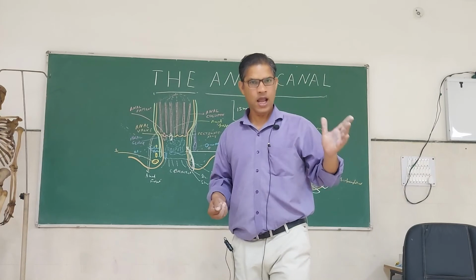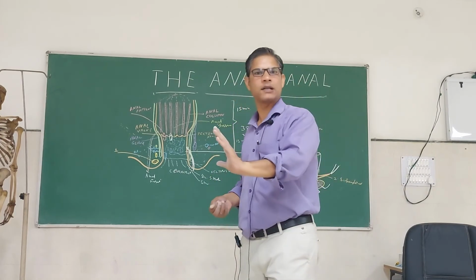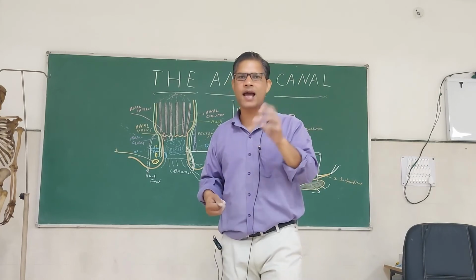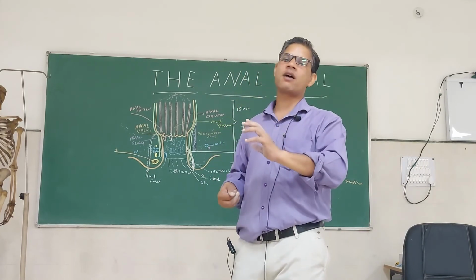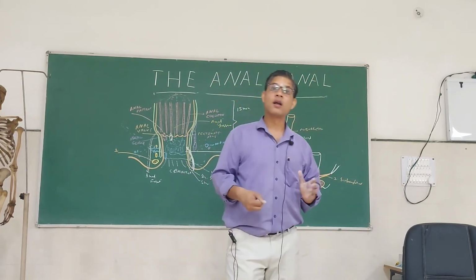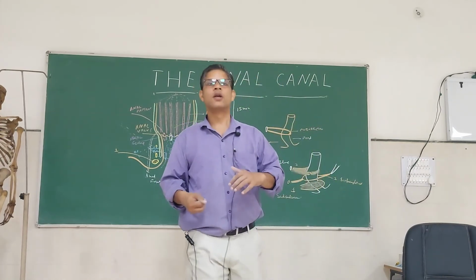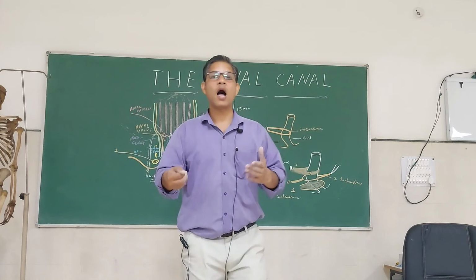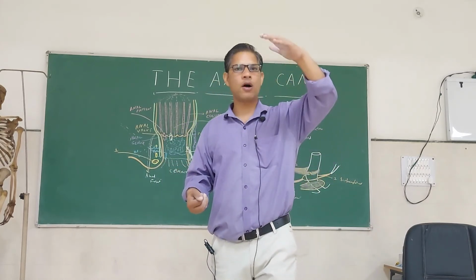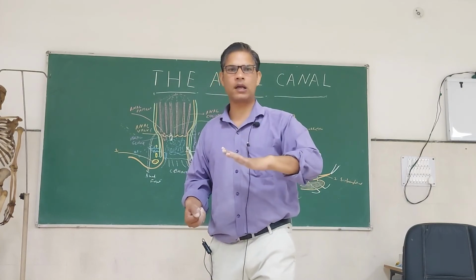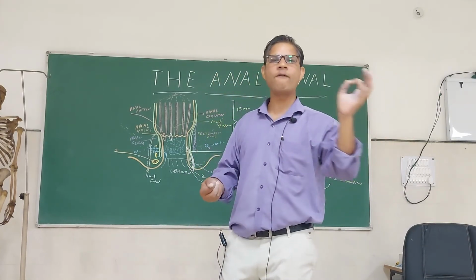Below the pectinate line, or curvilinear line, there is painful somatic supply, and it develops from the proctodeum, or invaginating ectoderm, which forms the last part of the anal canal. So you have to remember the differences above and below the pectinate line, and above and below the Hilton line, and every feature.